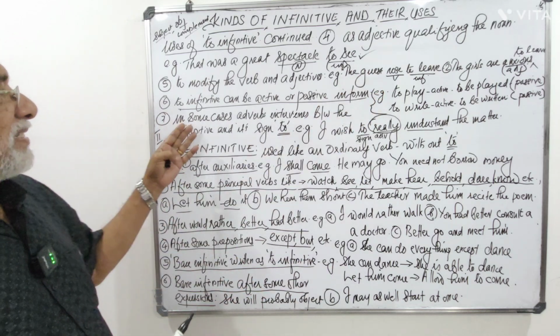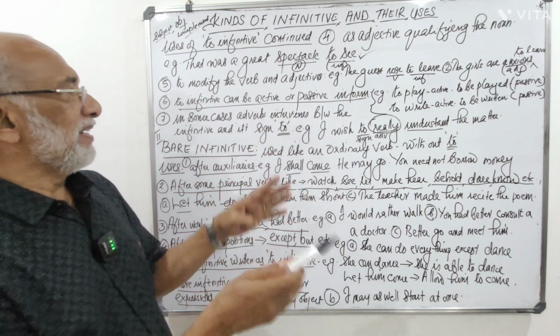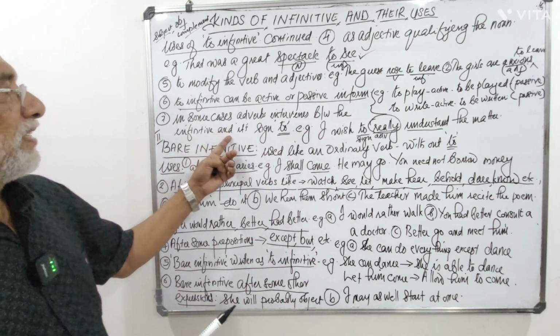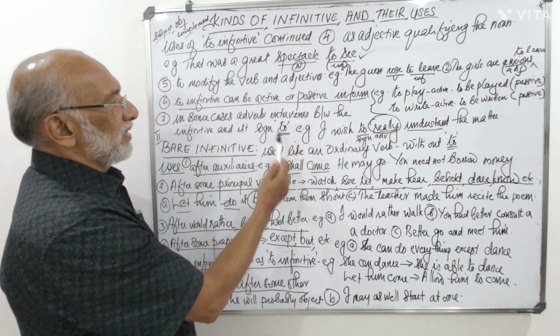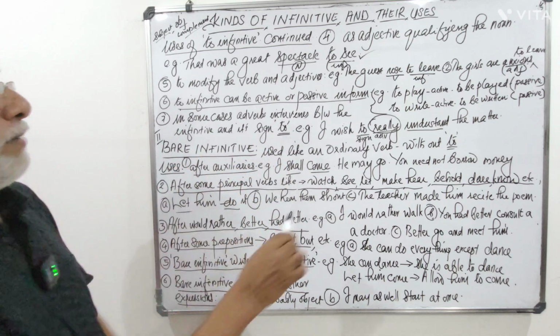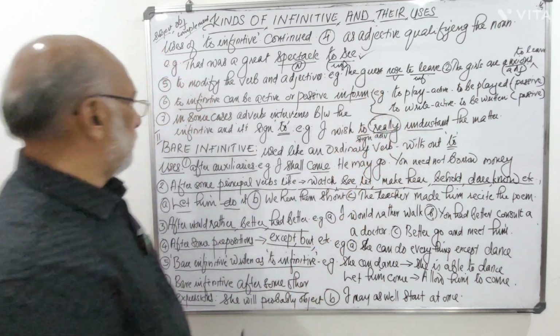Then in some cases adverbs intervene, that means comes between the infinitive and its sign to. The sign of to-infinitive is to, so the adverb comes in between to and the verb.